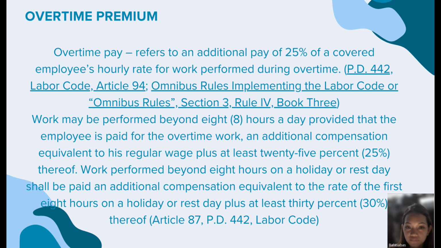Work performed beyond 8 hours on a holiday or rest day shall be paid an additional compensation equivalent to the rate of the first 8 hours on a holiday or rest day plus 30% thereof. So this is based on the basic pay of the worker, and they will get 25% of it if they do overtime, and also 30% if that is a rest day overtime.